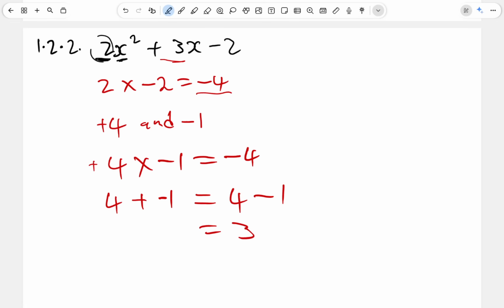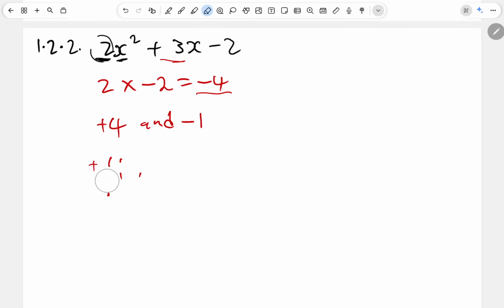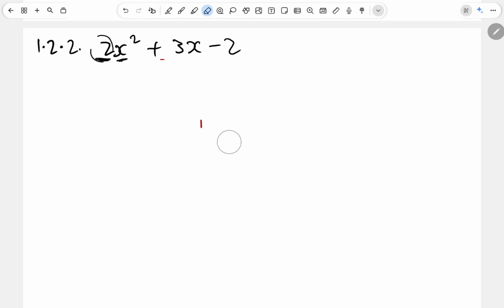So, from this equation, we will split the middle term 3x using these numbers.